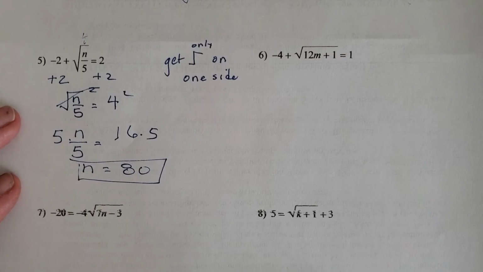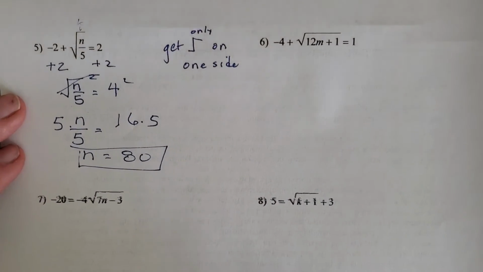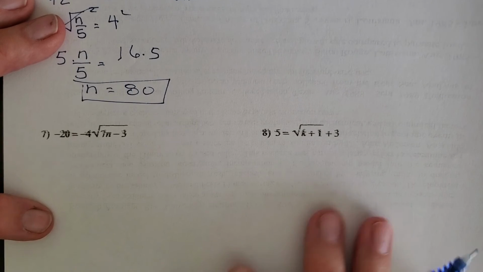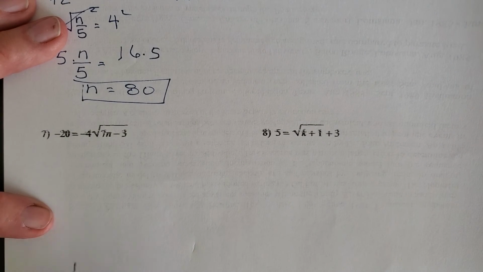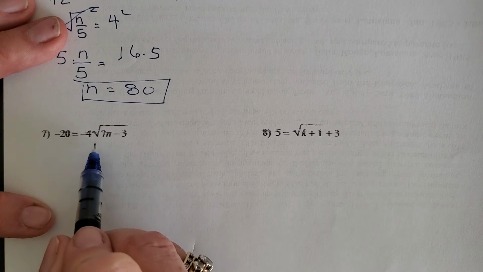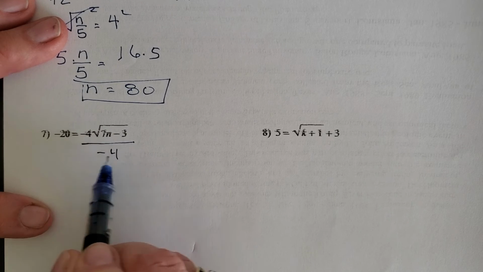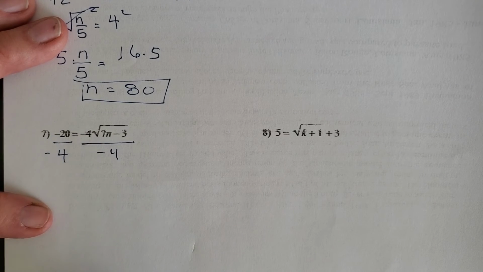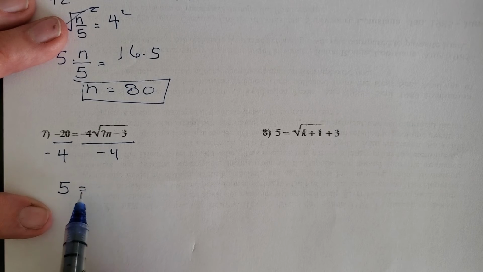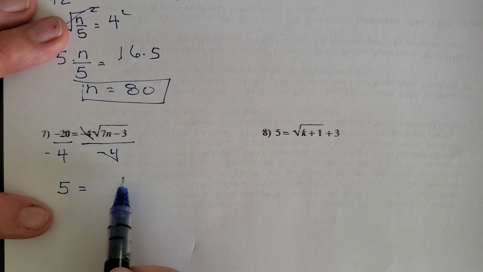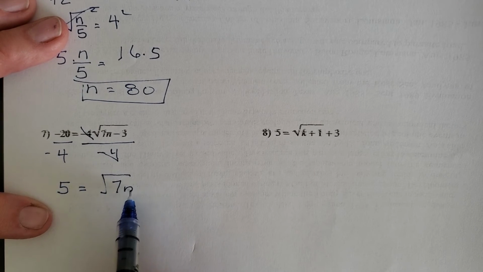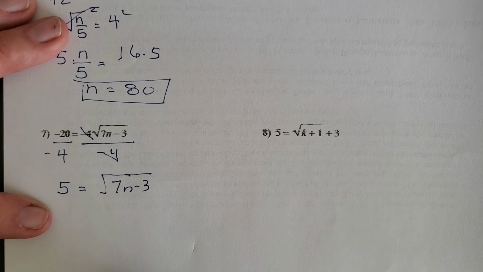Okay, let's do this next one where something is multiplied outside the radical. So this is multiplied by a -4. We're going to divide both sides by a -4. So we get 5 equals, and we're left with the square root of 7n minus 3.